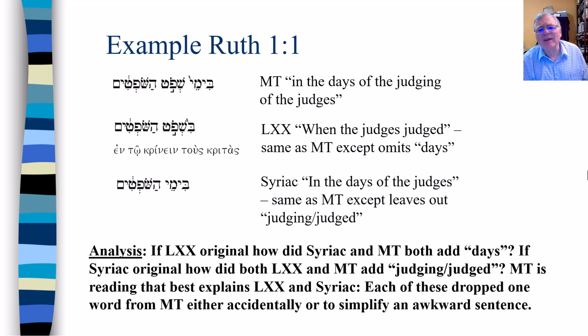In other words, at the end of the day, it looks like the Masoretic text is most likely correct. The Septuagint represents omission of one word, and the Syriac represents simplifying an awkward sentence. And so it looks like the Masoretic text, as is usually the case, is most likely the original one.